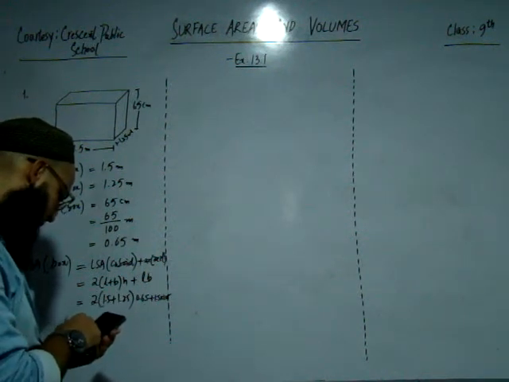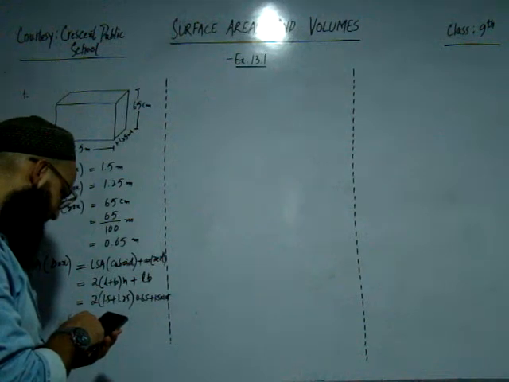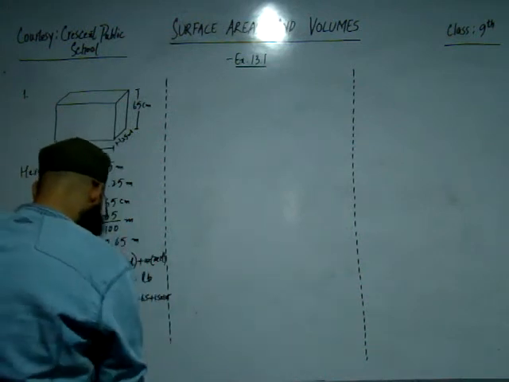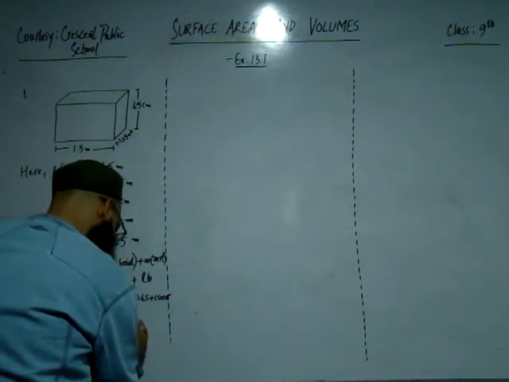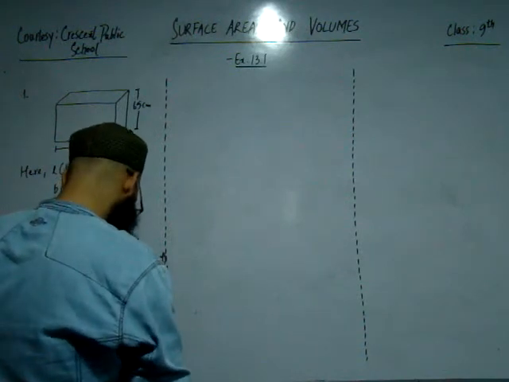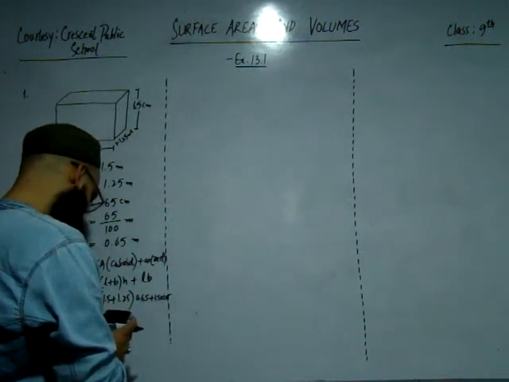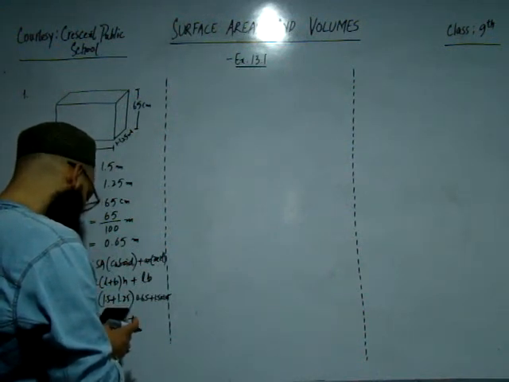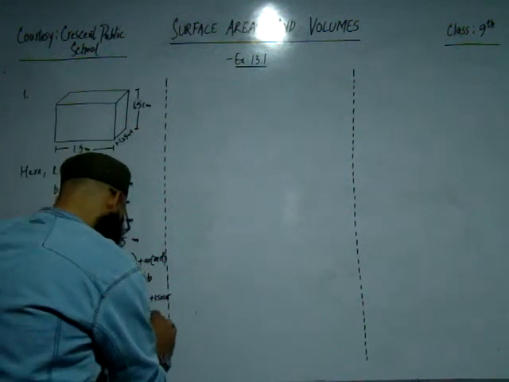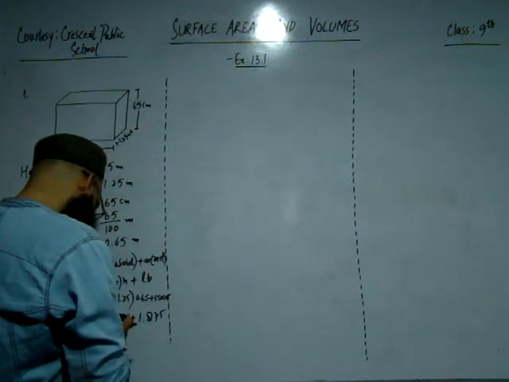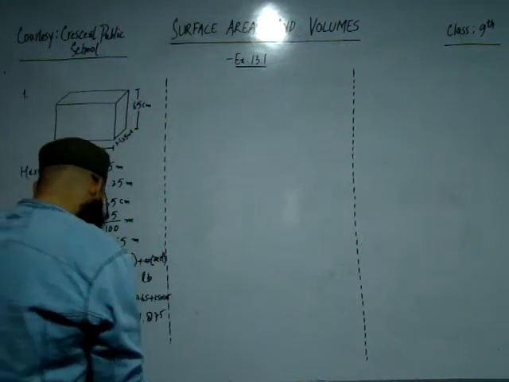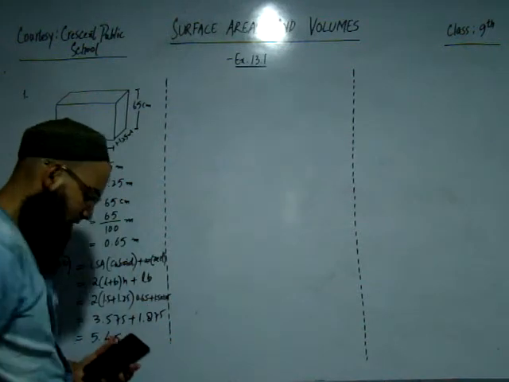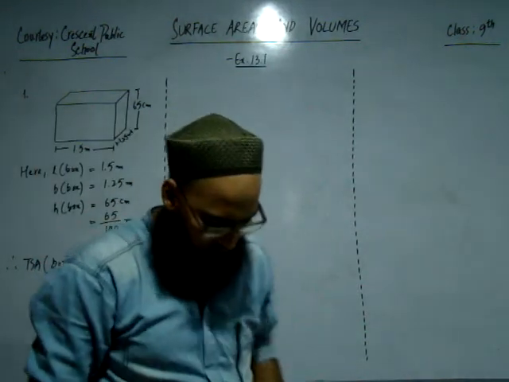So you have 3.575, then plus 1.5 times 1.25, plus 3.575, that's 5.45.